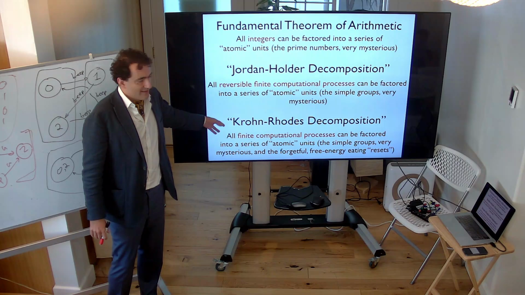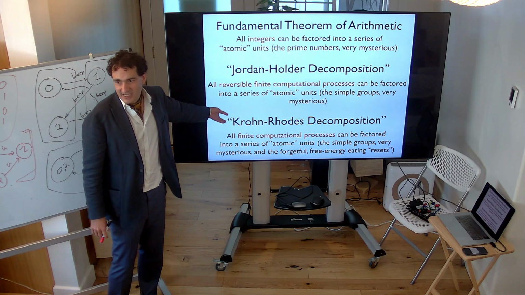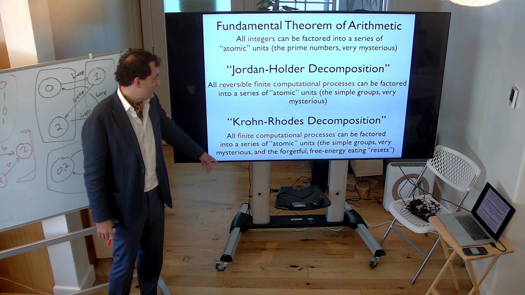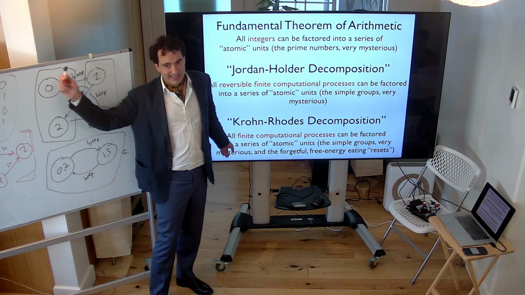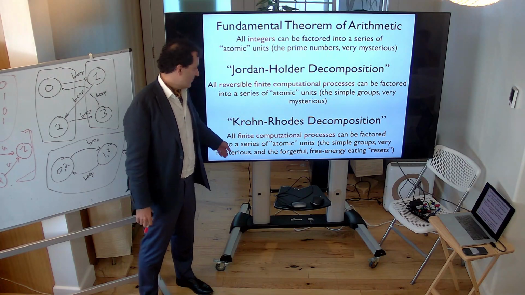But then these two guys, Kenneth Krohn and John Rhodes, jointly proved the Krohn-Rhodes decomposition theorem, which said that all finite computational processes, any of these things that you might draw, can in fact be decomposed in a hierarchical formulation.